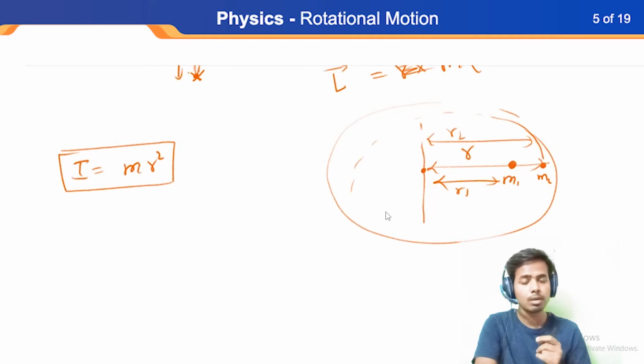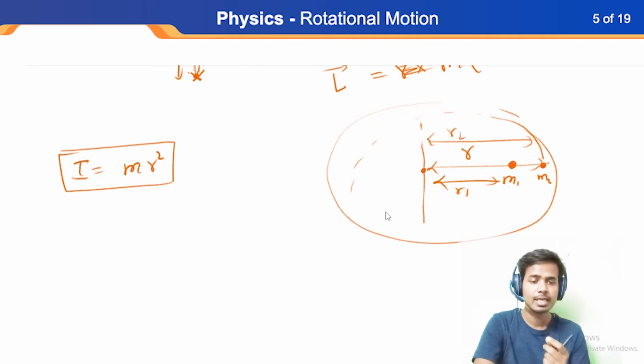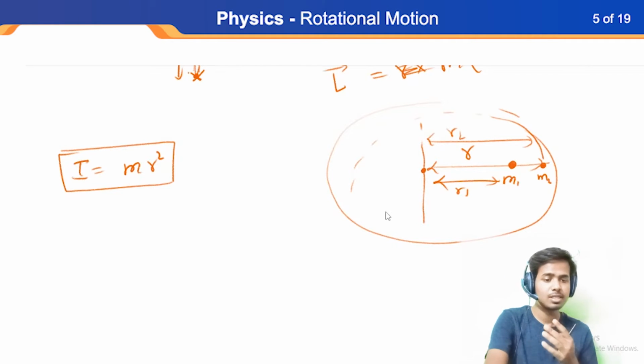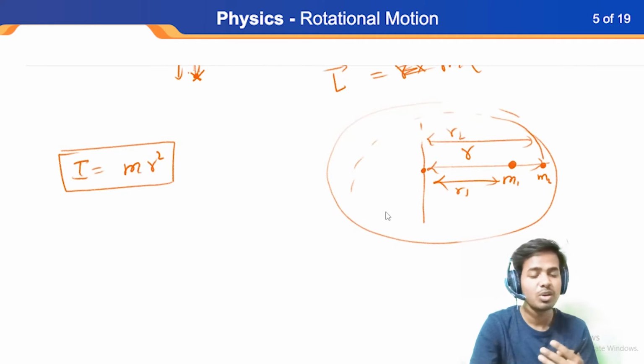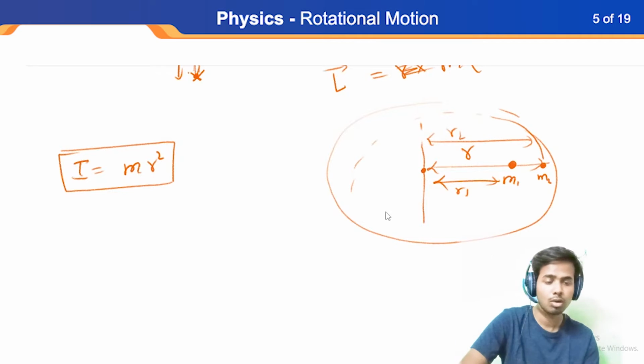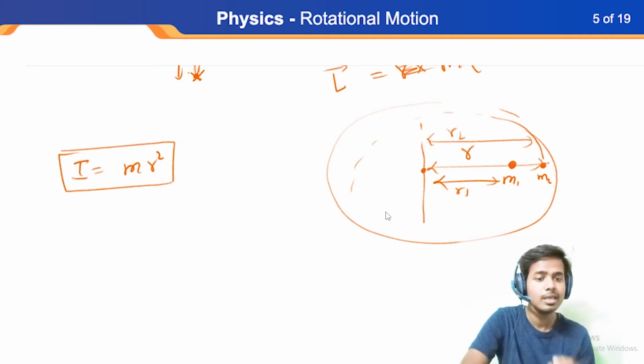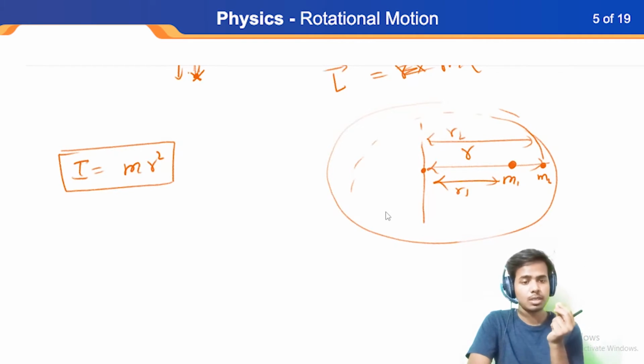So remember what I talked about in the moment of inertia. It is the resistance which the body or the system of bodies exerts so that it is able to resist the circular or rotational motion. So the higher the moment of inertia, the higher it will resist.